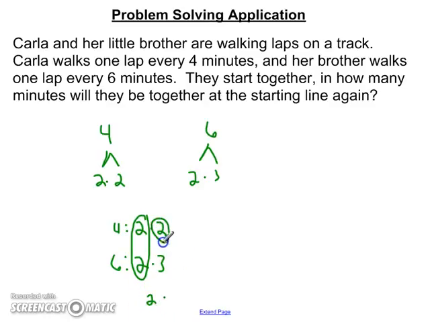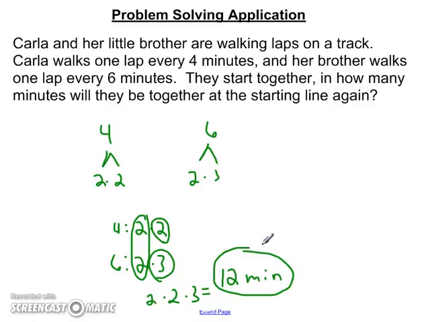But then I have 2 and 3 that must be pulled out independently. And I just go ahead and multiply across, and that gives me my solution. So 2 times 2 is 4, 4 times 3 is 12. So in 12 minutes, these 2 kids will be back at the starting line together.